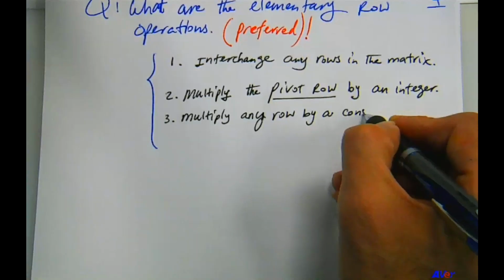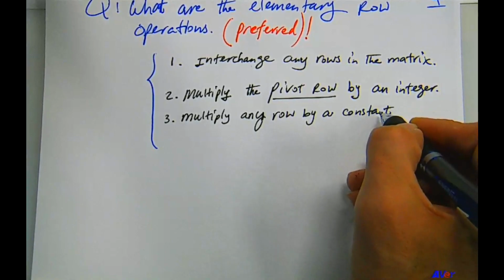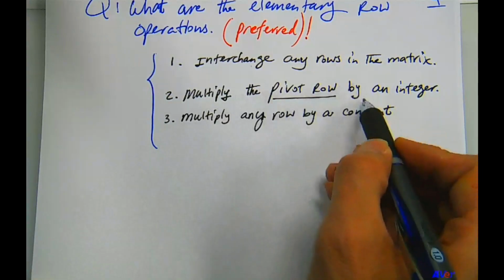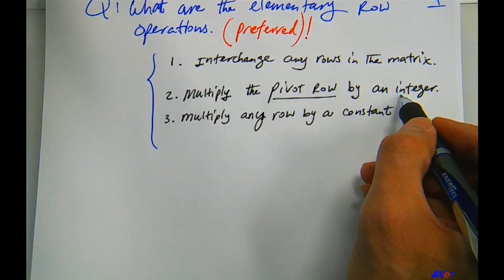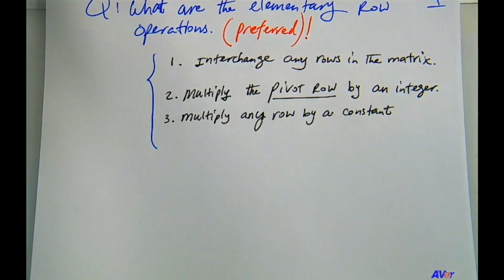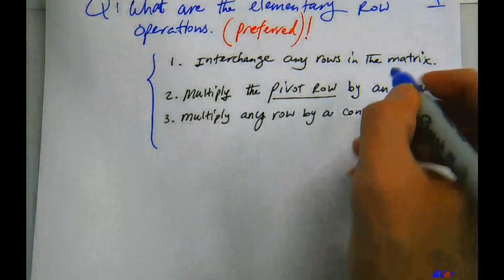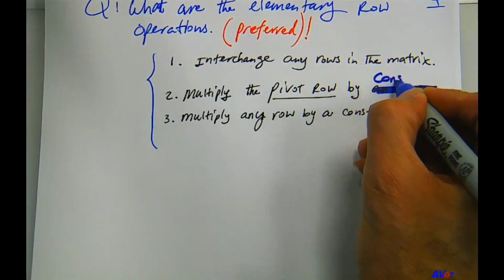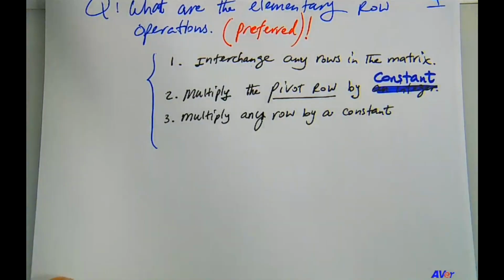Sometimes you might multiply the pivot row by a fraction, say 1/2. So let me correct myself and say multiply the pivot row by a constant. That's a better word, because it's not always an integer. It can be any constant.